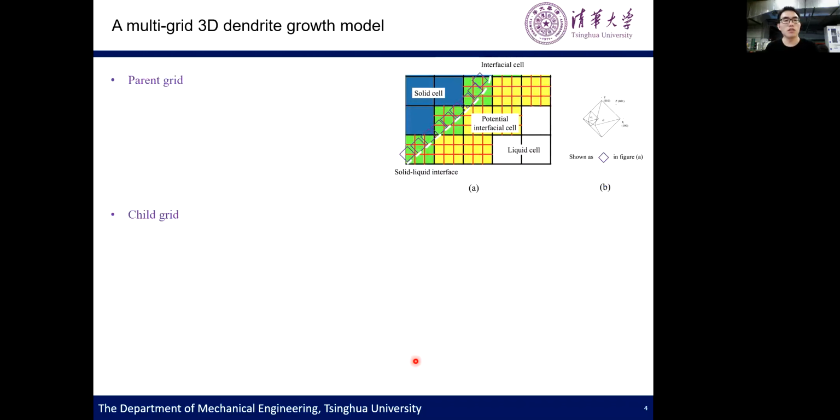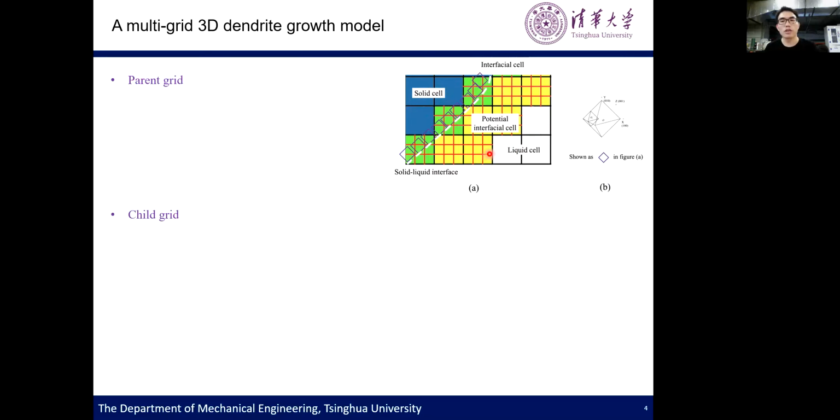In our work, we developed a multigrid 3D dendrite growth model. This is based on the cellular automaton method. Just like a conventional cellular automaton model, we first divided our calculation domain into cubic cells. These are the big cells in this picture.